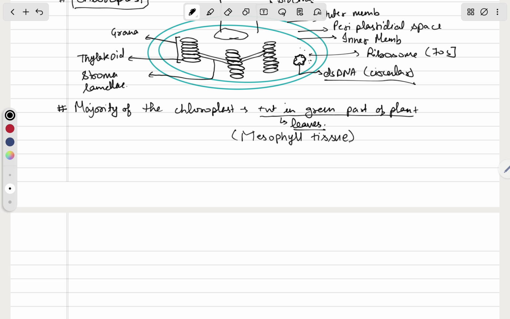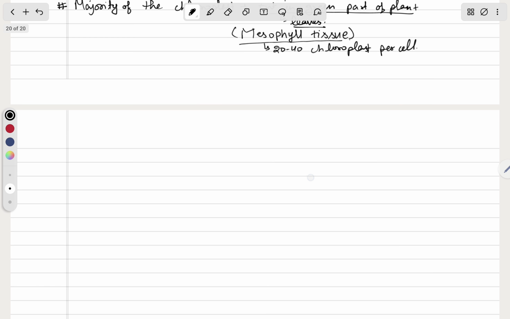The number of chloroplasts in mesophyll cells can be 20 to 40 per cell, while in Chlamydomonas, which is a unicellular alga, one chloroplast is present per cell, right?